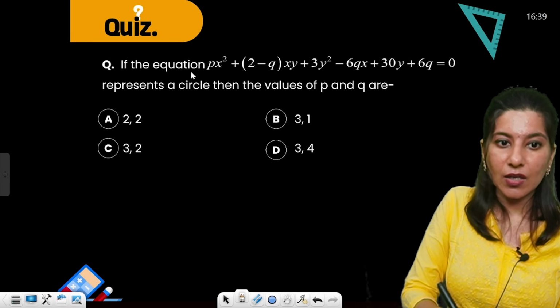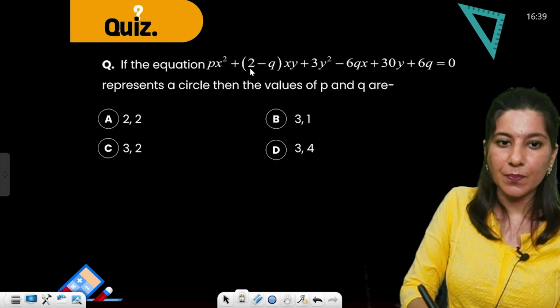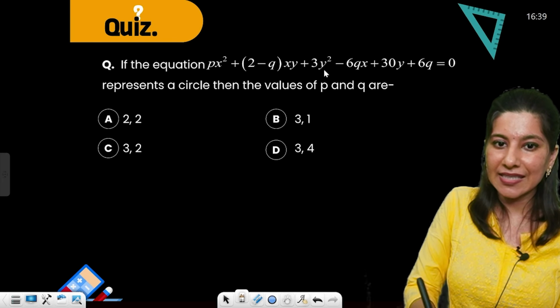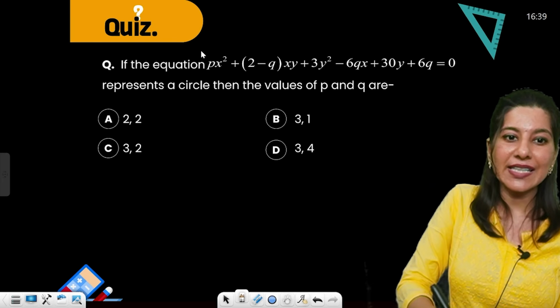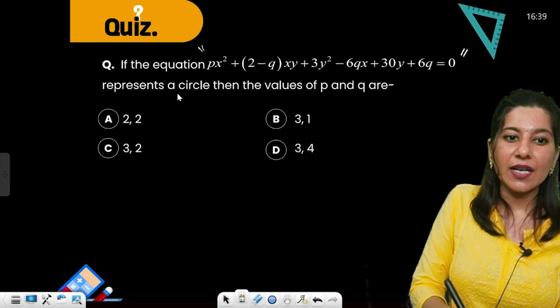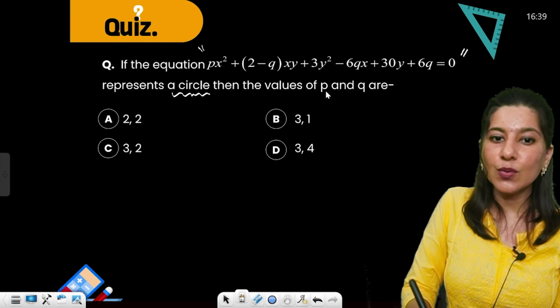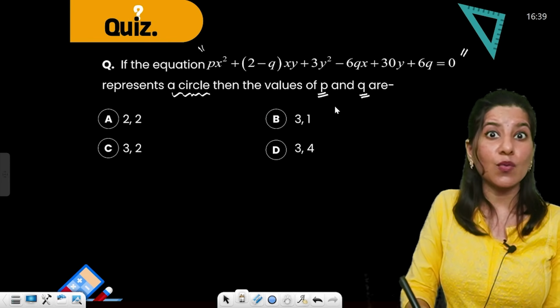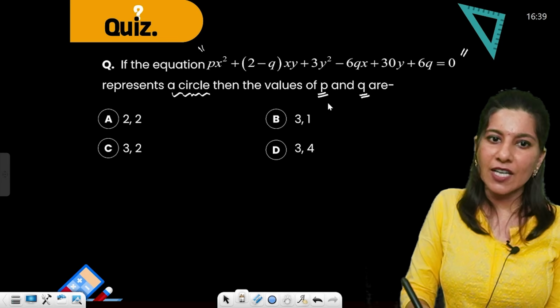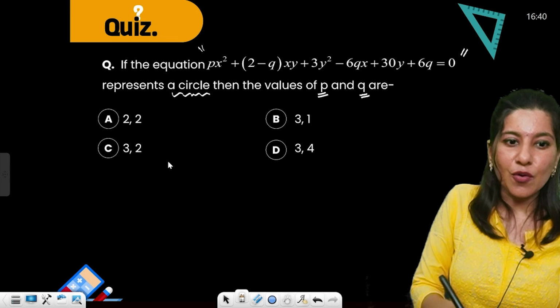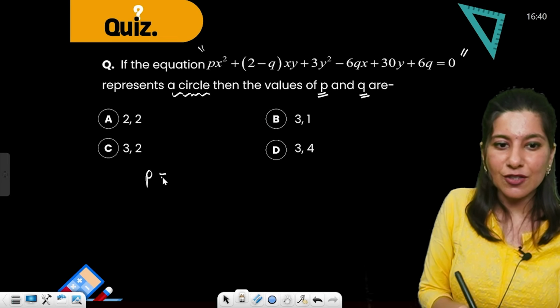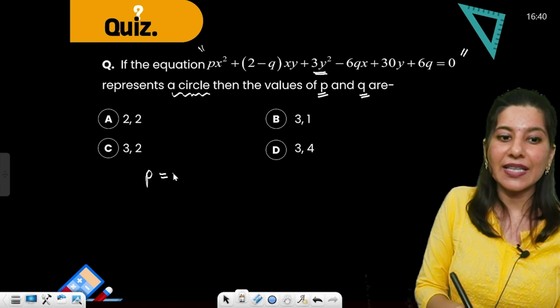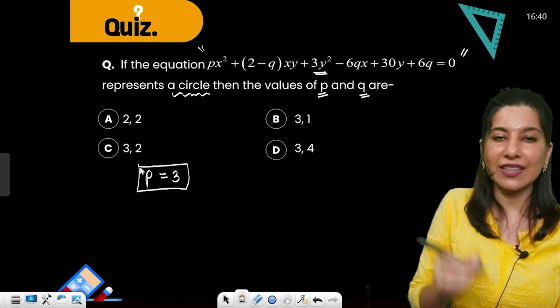If the equation px square plus (2 minus q) xy plus 3y square, okay. So this equation, again same question, represents a circle, then the values of p and q are what? Okay. So again, same thing. The coefficient of x square is p, that should be equal to coefficient of y square, that is 3. So p is equal to 3, one thing we have got.